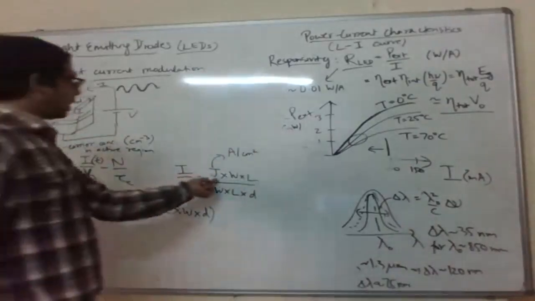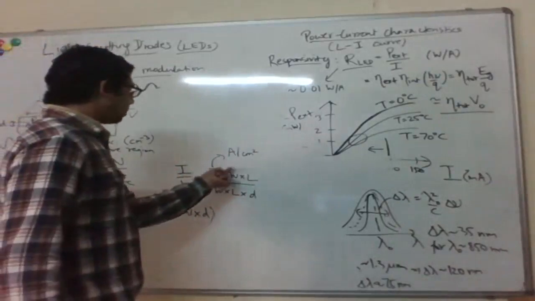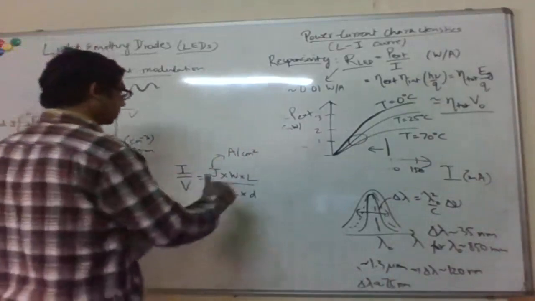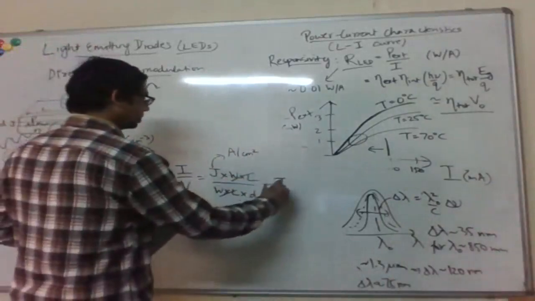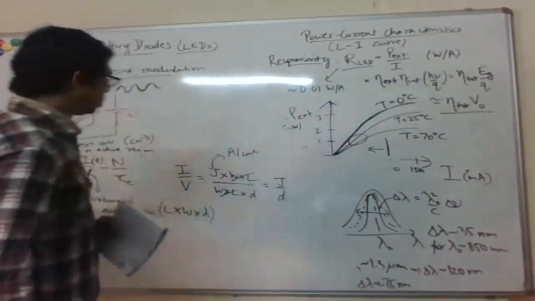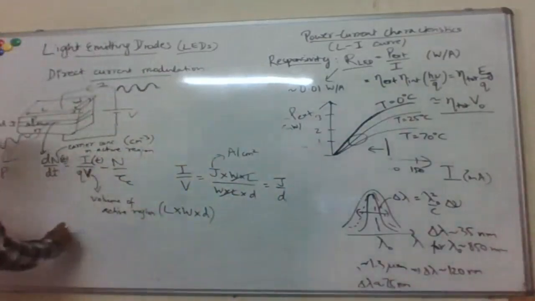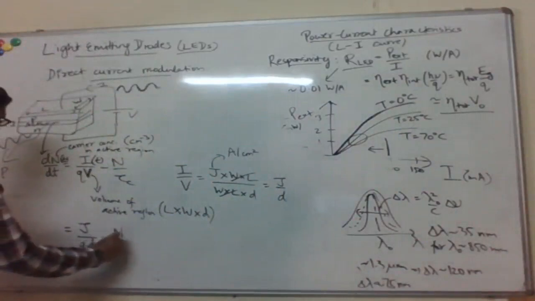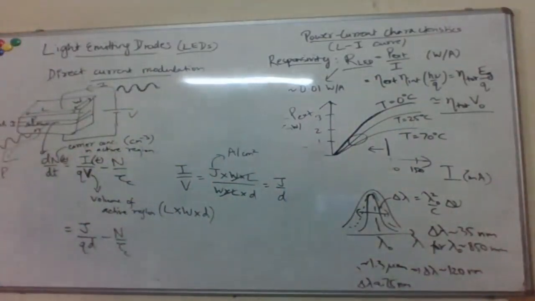This is more like a material quantity, because we take the device dimensions out of the equation. So this is J over D, which is sometimes also written as J divided by qD. But J is the current density.